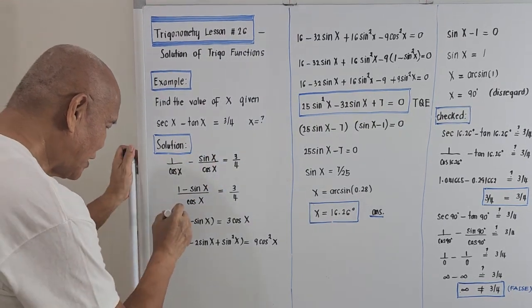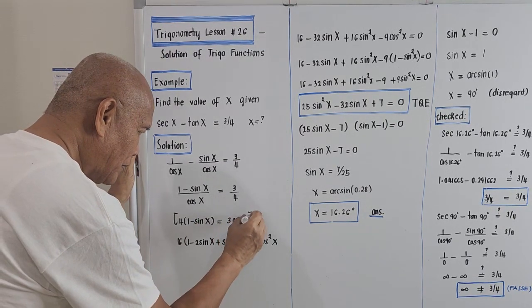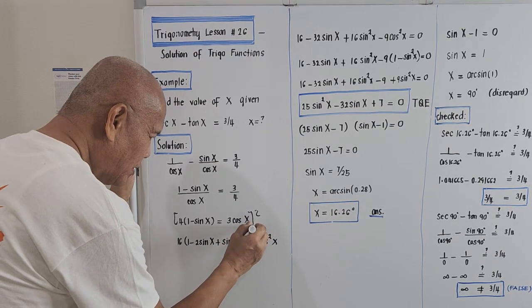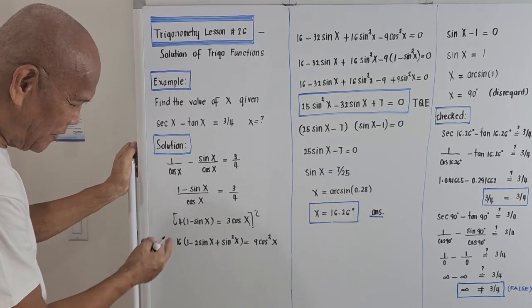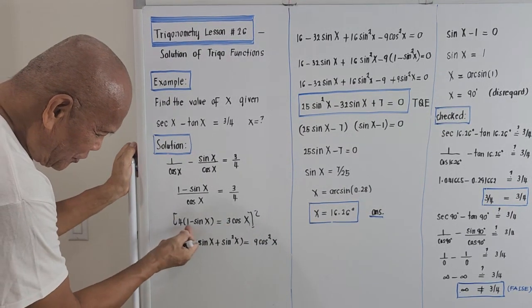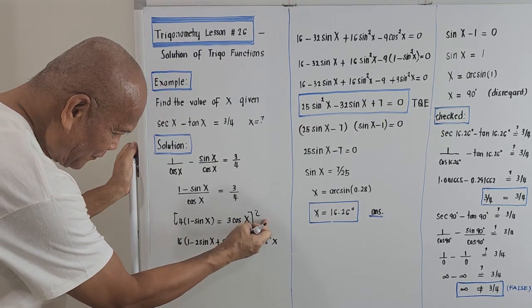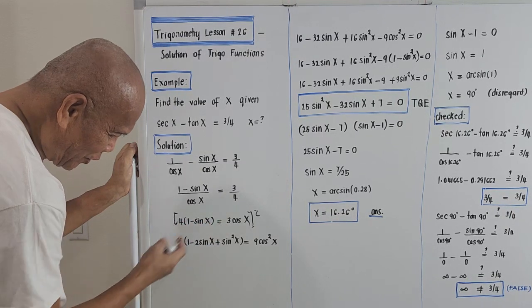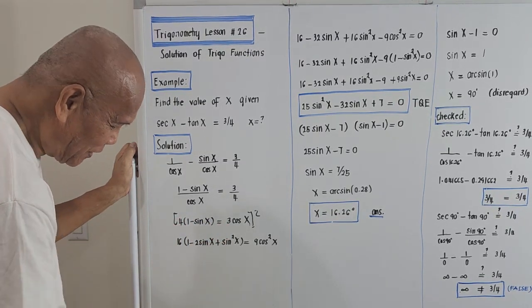We raise both sides to the second power. The square of the left hand side will be 4, and this quantity is expressed as a product. So if we take the square, it will just be the square of the first one times the square of the second one. That's the laws of exponents under algebra.